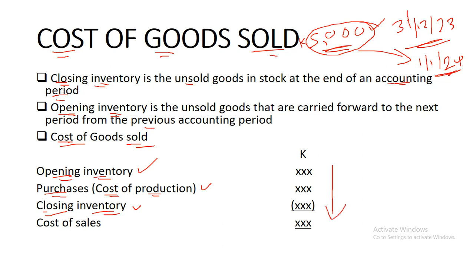The cost of sales is opening inventory plus the purchases less the closing inventory, and now you're going to have what's called the cost of sales. So you need to understand this, and if and when I send the format for preparing the statement of profit or loss, you're going to have a further understanding of what the cost of goods is.